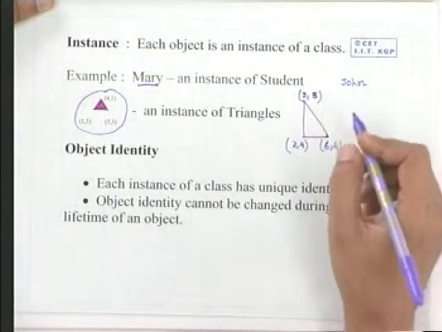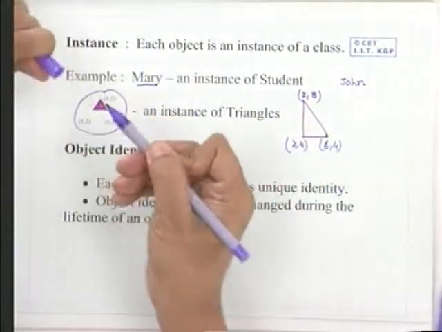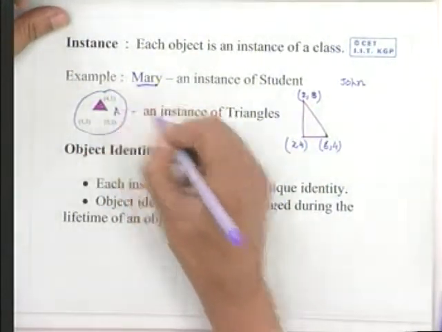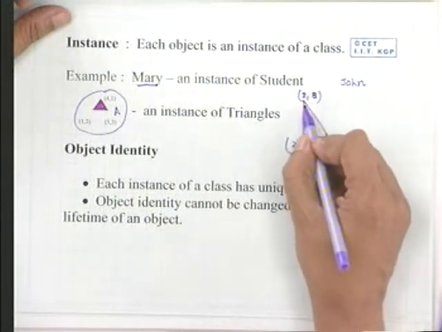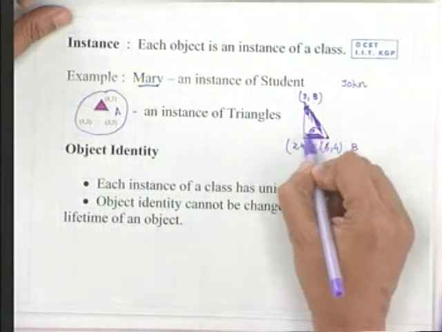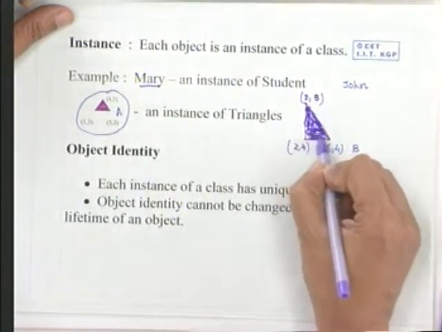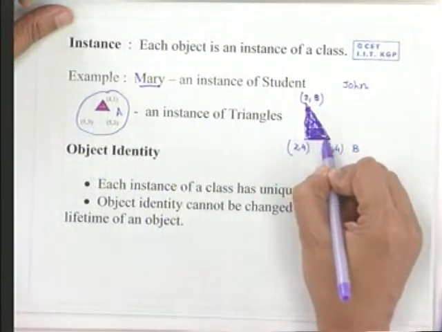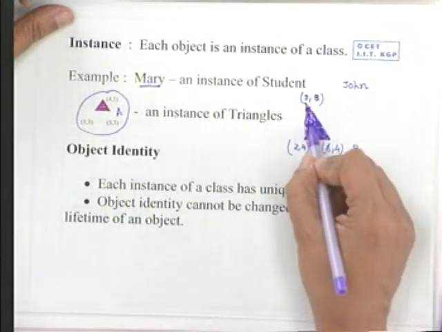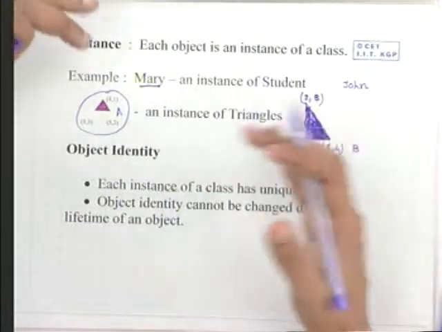But this triangle again is an instance of the class. If we denote the first triangle as triangle A, then this is triangle B, and we can also associate a color with it to complete all the attributes of this triangle. Therefore, in a particular class of geometric objects, there may be many such triangles as are required by the application.